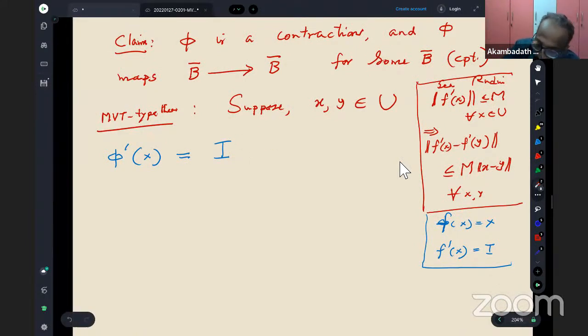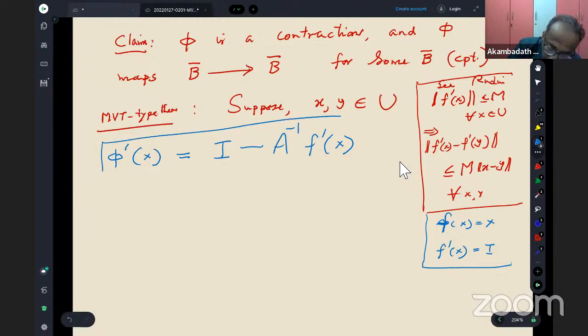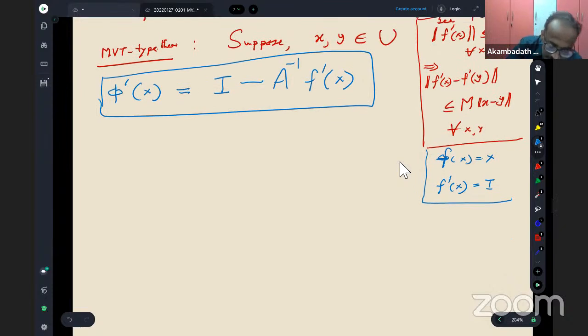So this will become minus A inverse f prime of x. So you have this phi prime of x, and that can be written as, I will take A inverse outside, A minus f prime of x.